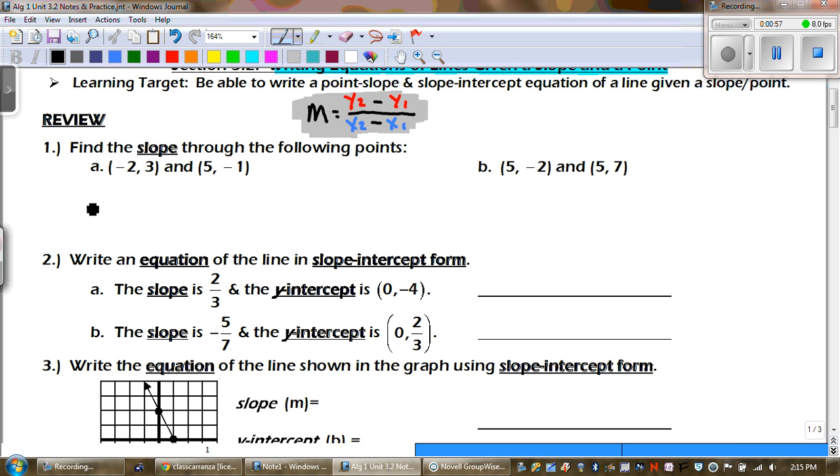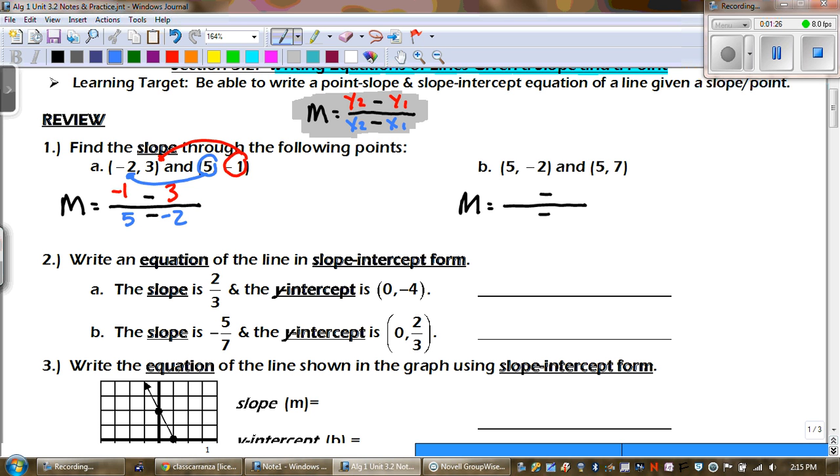So before I even get started with these, I always write that down. I'm even going to do it for b because I know I have to do it for b too. So I take -1 minus 3, and on the bottom, I have 5 minus -2.